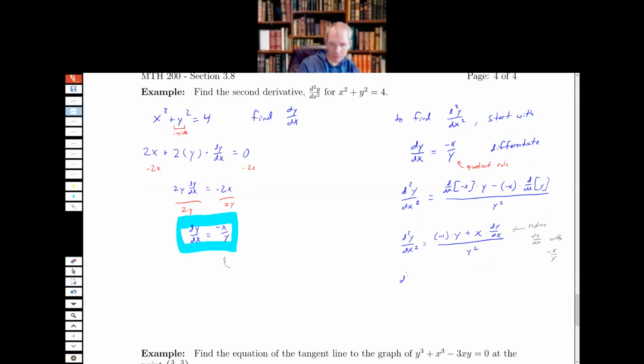So the second derivative is -y plus x times -x over y, all over y squared. Okay, and to simplify this, because I don't like fractions within a fraction, I'm going to multiply by y in the numerator and denominator.